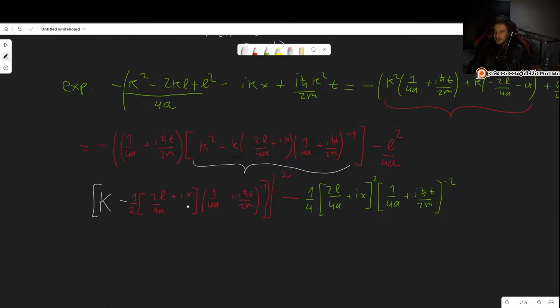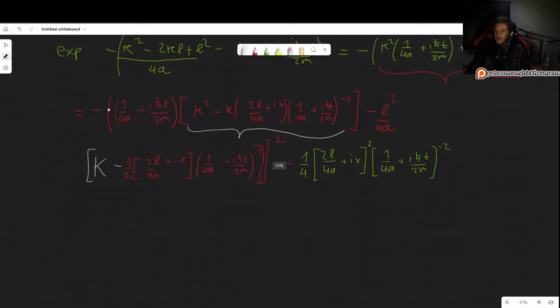So this thing now turned into this. And of course, all of this is being multiplied by what we factored out before. So let's now write it out explicitly. So we get minus, now we have 1 over 4a plus i h bar t divided by 2m. And now let's multiply this with this thing here.